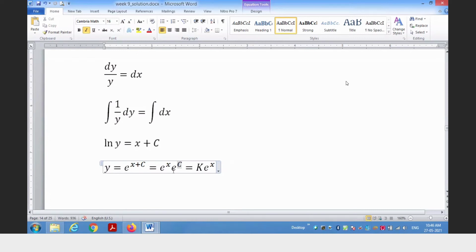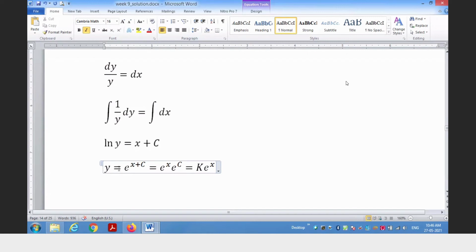Because some of you made a careless mistake in your first test, where you put it like this, which is wrong. It should be multiplication. So e to the power of c is equal to k, which means k times e to the power of x.